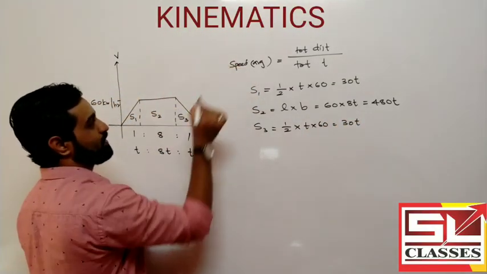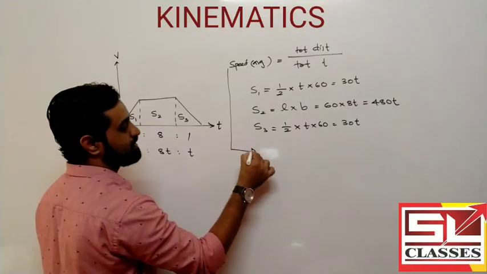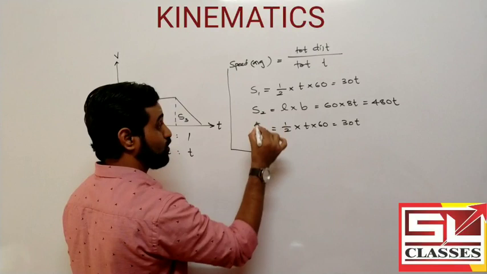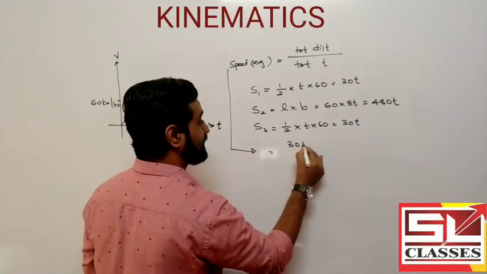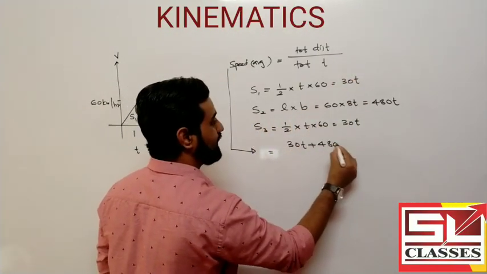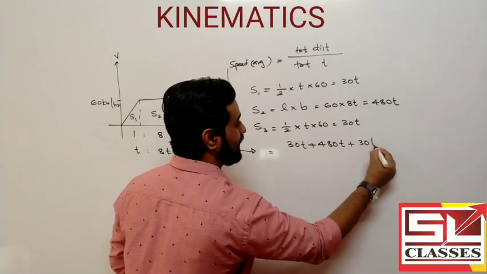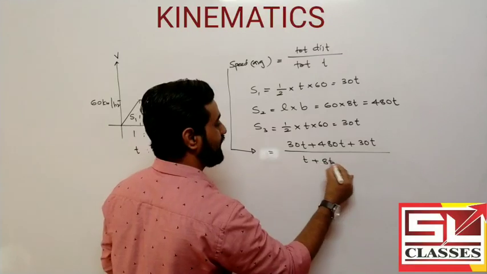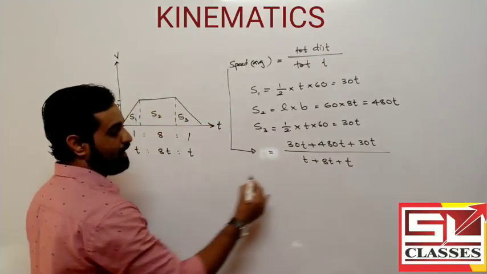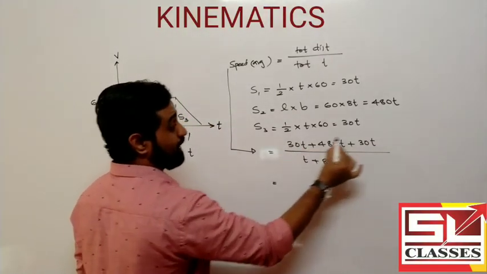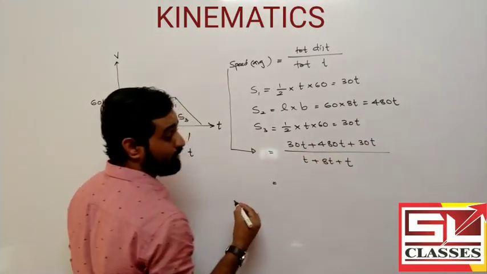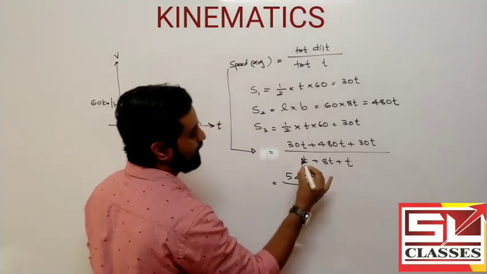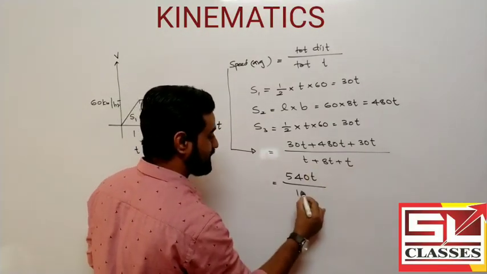In the equation, average speed is equal to total distance, that is S1 plus S2 plus S3, that is 30t plus 480t plus 30t, divided by total time, that is t plus 8t plus t. 30 plus 30 is 60, 60 plus 480 is 540, so 540t divided by t plus 8t plus t, that is 10t.